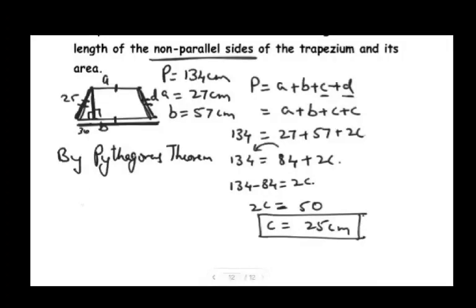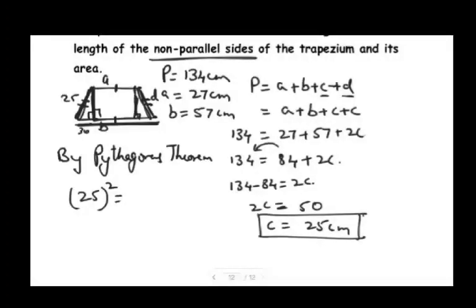By Pythagoras theorem, my hypotenuse is 25. No, this whole extra part is 30, so the side isn't 30.